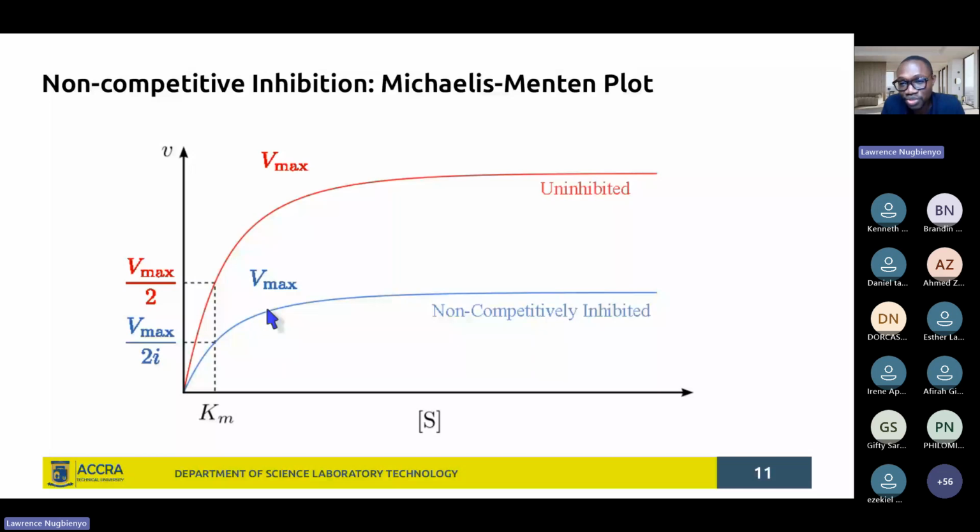You will not be able to reach that maximum rate of the reaction, which means half of the rate of the reaction is going to reduce. But the substrate concentration at which you reach both of these half rates of reaction is the same in these two situations. All right.